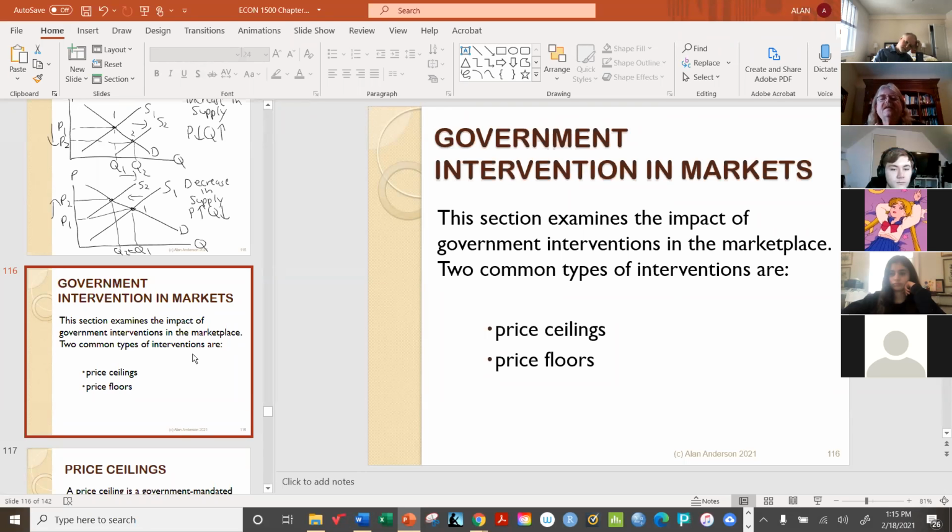But the two specific cases we want to consider are what are called price ceilings and price floors. And these are artificial obstructions of the free market system by the government. Now, you can probably guess from those names what they refer to. A price ceiling would be a maximum price.